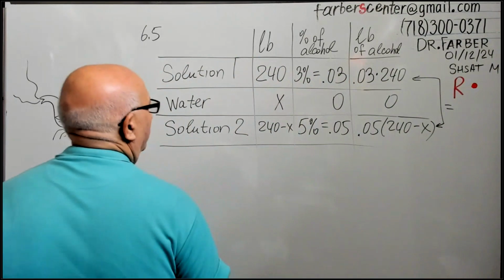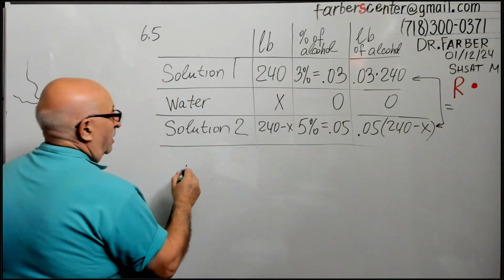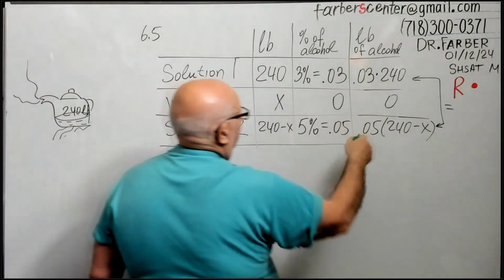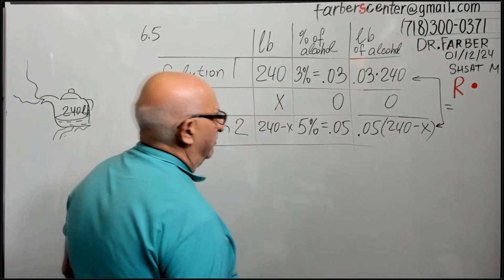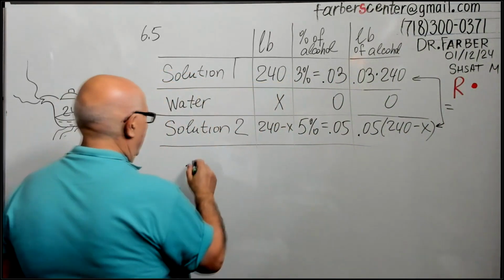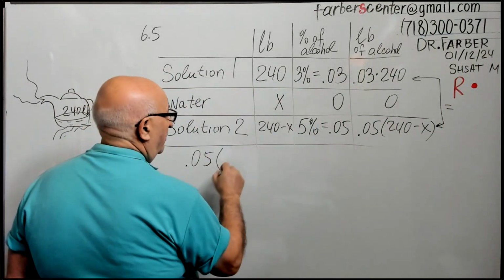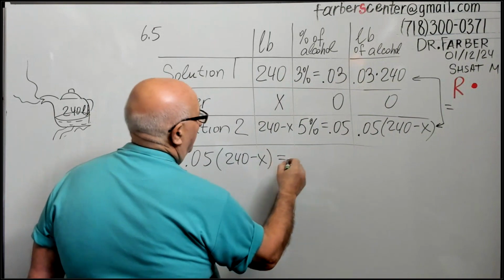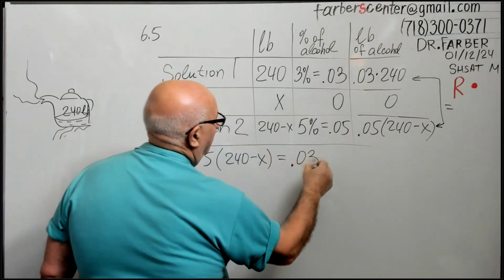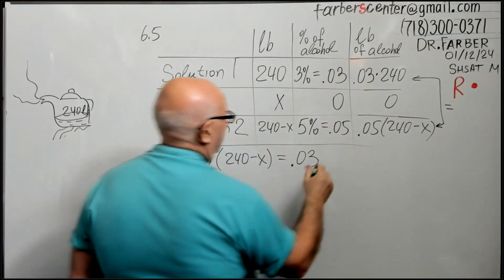So I can write this to the left, this to the right, it doesn't matter, but it's more convenient when you have X in the left part, right? 0.05 times 240 minus X equals 0.03 times 240.